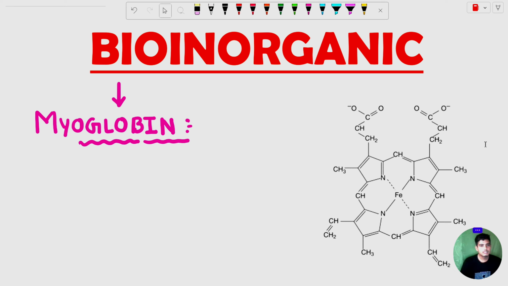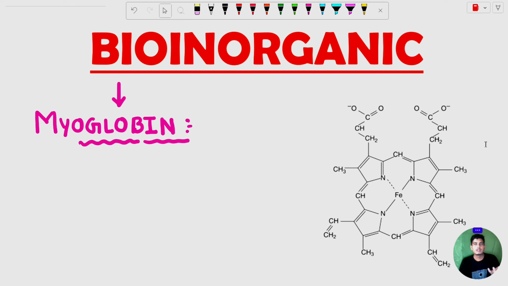Now we discuss what myoglobin is, and what the structure of myoglobin is. You can clearly see the structure of myoglobin. In that structure, there is no oxygen present. Myoglobin can also be categorized as oxymyoglobin. What is oxymyoglobin?